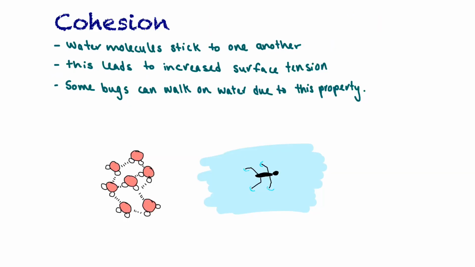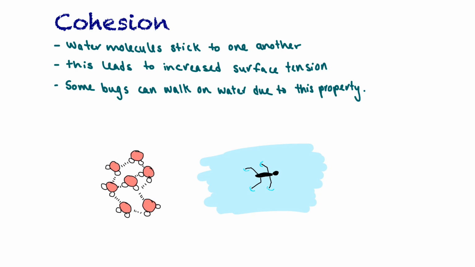So the first property of water is that water molecules stick to one another in a phenomenon known as cohesion. So cohesive means that you work together well, you stick together. So water molecules stick to one another, and that's cohesion. And this cohesion leads to increased surface tension. And I've kind of demonstrated that here. So the hydrogen bonding between water molecules creates that surface tension, and it's hard to break the surface of water.